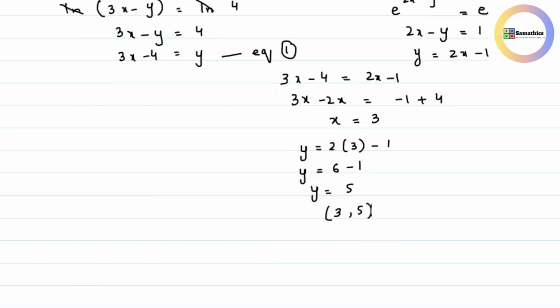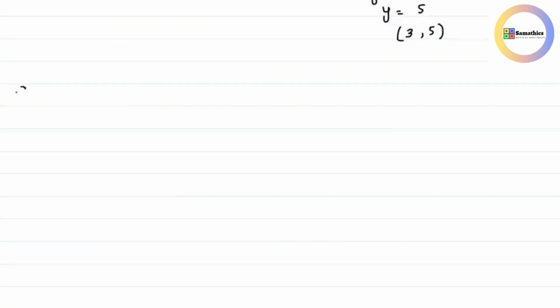Now question number 14 and 15, these are two important questions because these kinds of questions usually come in the paper, right? So we have question number 14, in which you have log base 3 of x plus 2 is equal to 3 over log base x of 3, right?